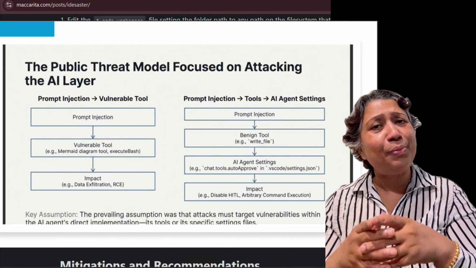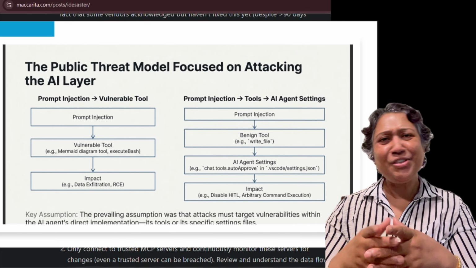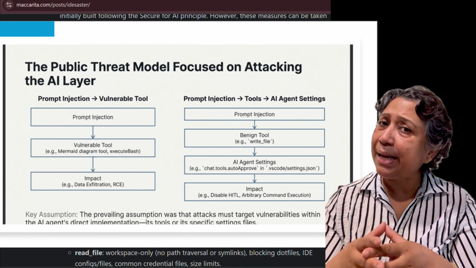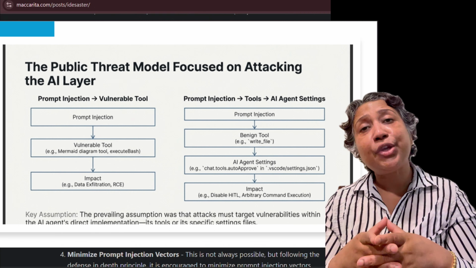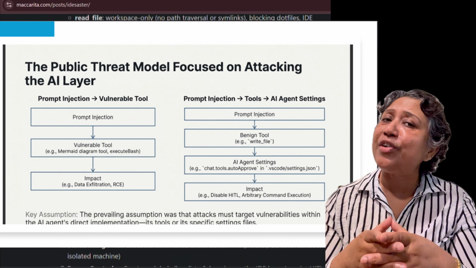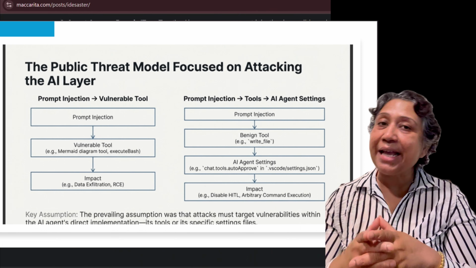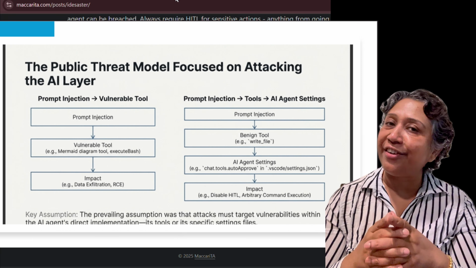Attackers could exploit that to break out of the intended constraints. We saw real examples of this. For example, a mermaid diagram plugin that allowed data theft, or a shell execution tool that could be tricked into running arbitrary commands.